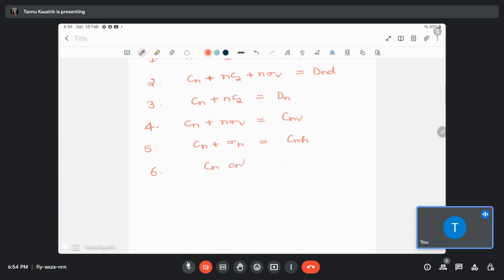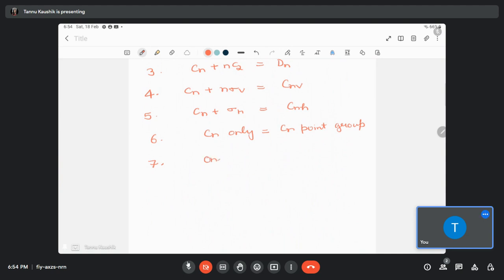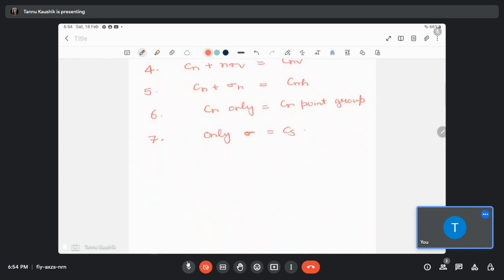And if we have Cn only, that is a proper axis of rotation only, then the molecule will have Cn point group. And if we have only sigma, that is only a plane, then the molecule will have Cs point group.